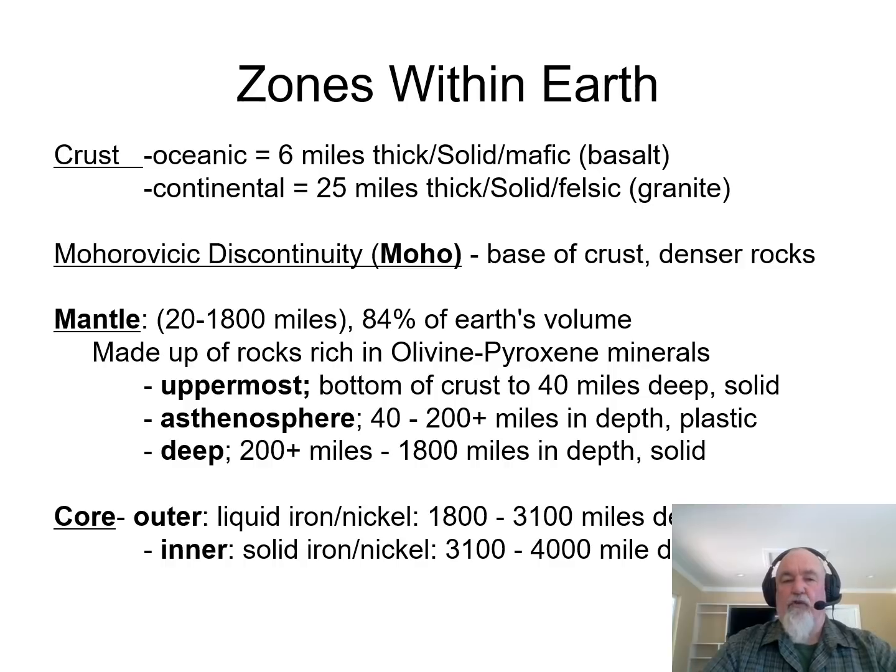Now, at the base of the crust, be it oceanic crust or continental crust, analysis shows that seismic waves passing through all of a sudden speed up. And that tells us that we have left the crust and entered the next zone, referred to as the mantle. So the zone where we leave the crust and enter the mantle is referred to as a discontinuity. And this one's referred to as the Mohorovičić discontinuity, otherwise known as the MOHO.